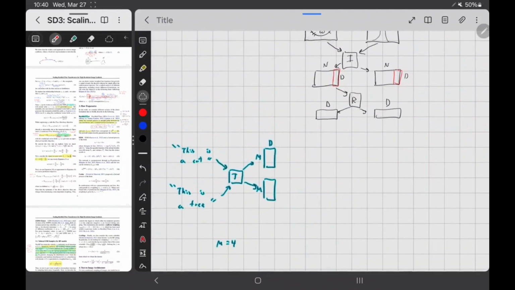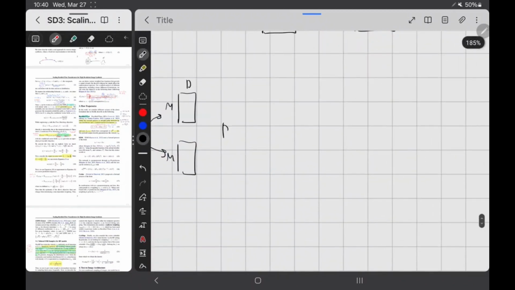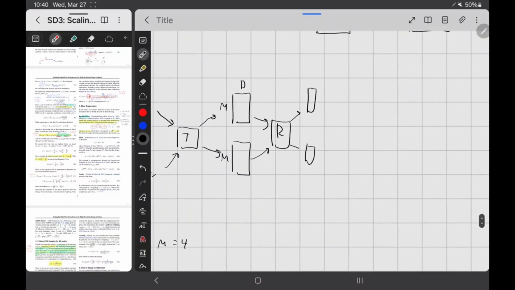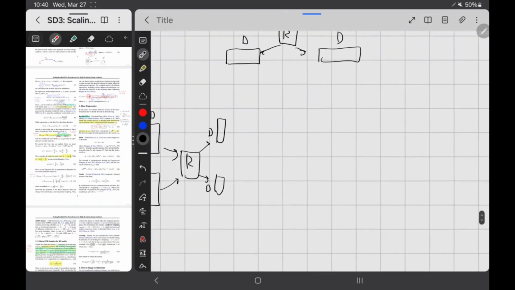So these ones also get sent through a reduction operation, and they produce a vector as well. So this vector here would represent this sentence here, and this vector here would represent this sentence here. And these are also vectors of dimension D.